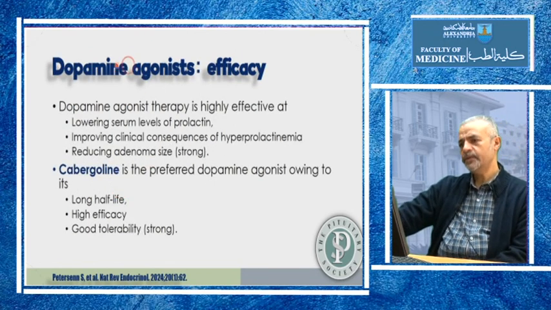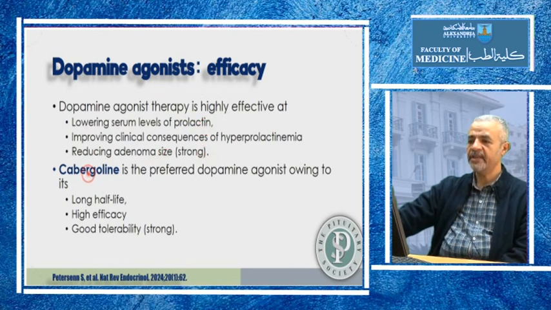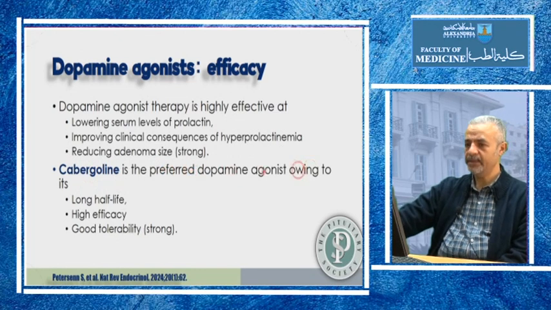So dopamine agonists represent the mainstay of treating a patient with a prolactinoma. Dopamine agonists are highly effective in lowering or normalizing the level of prolactin and reducing the adenoma size. Actually, cabergoline is the preferred dopamine agonist due to its long half-life, high efficacy, and good overall safety and tolerability.